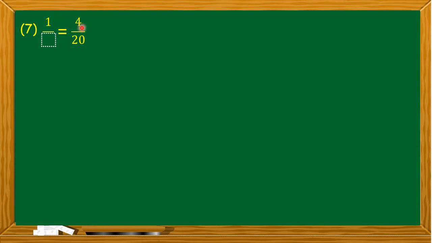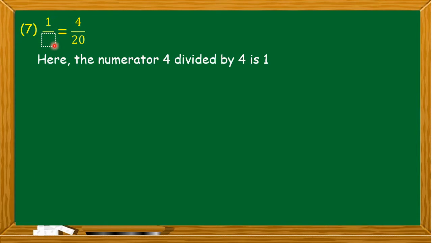Now here the numerator of the missing denominator is 1, which is smaller than the numerator of second fraction. Hence, we have to find the number by which when 4 is divided gives the answer 1.